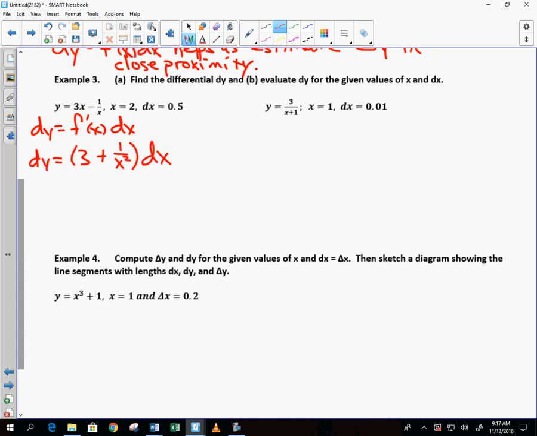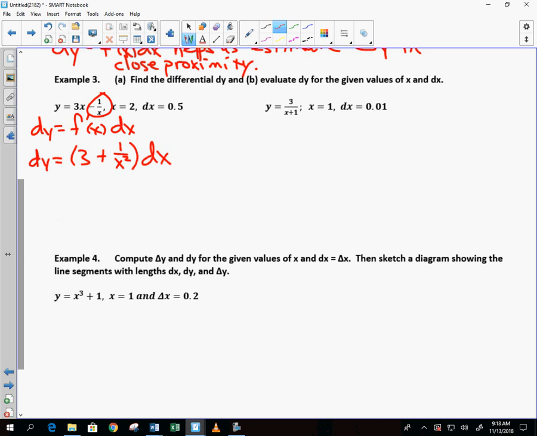Everybody okay with that? Negative x to the negative 1. Drop the negative 1 in front, subtract 1, positive 1 over x squared. All good? So that's the derivative. That's f prime of x, and we attach a dx.